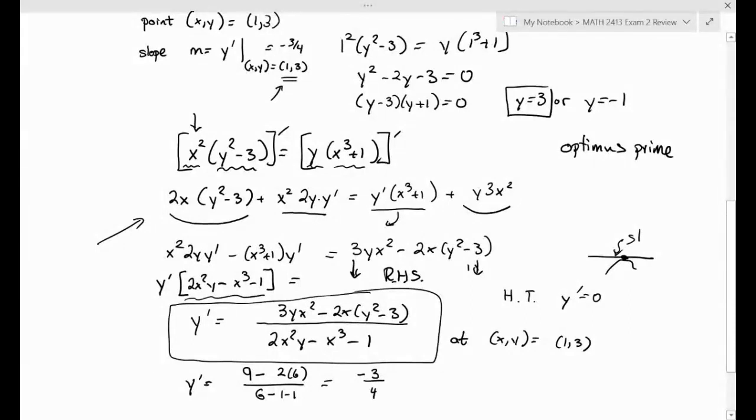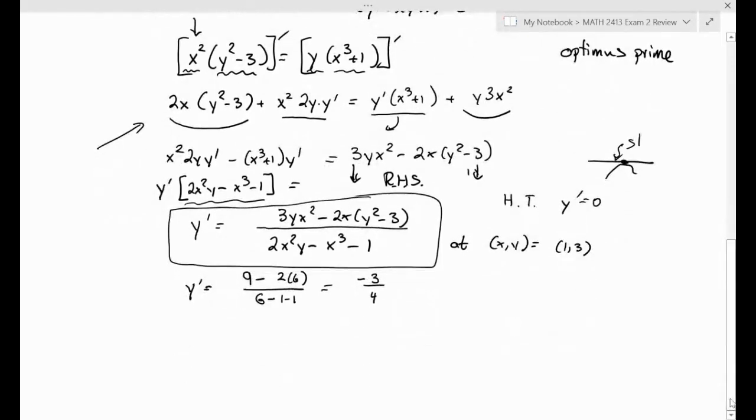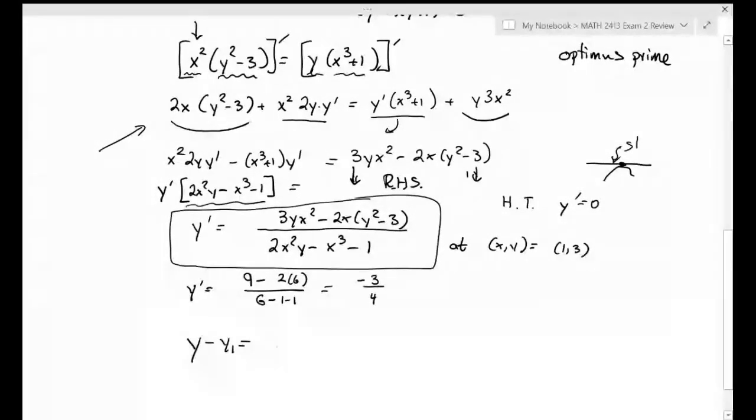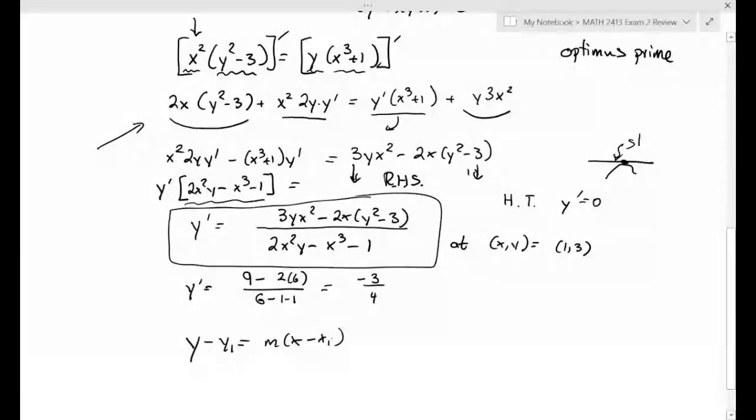We got our point, we got our slope, so we got the equation of the tangent line. Point slope form: the y value was 3, we found the slope to be -3/4, and x was 1.